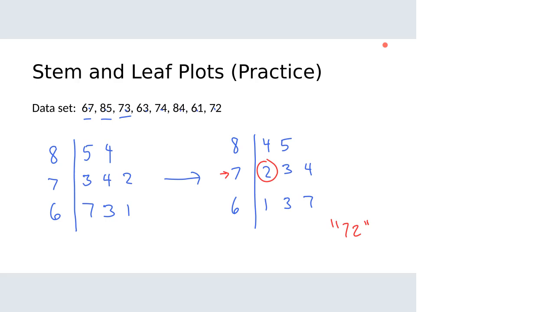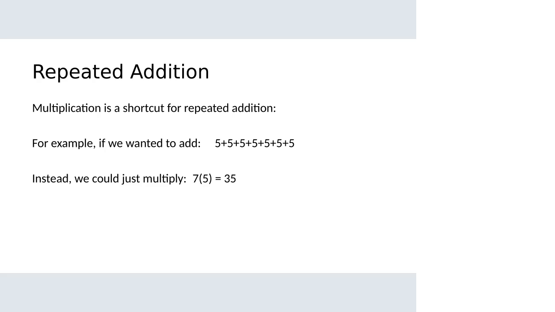Okay, we're going to turn our attention back to mean, median, and mode. But before we do that, I want to talk about repeated addition just a little bit. Repeated addition is if we need to add the same number over and over again. We're probably not going to do that.